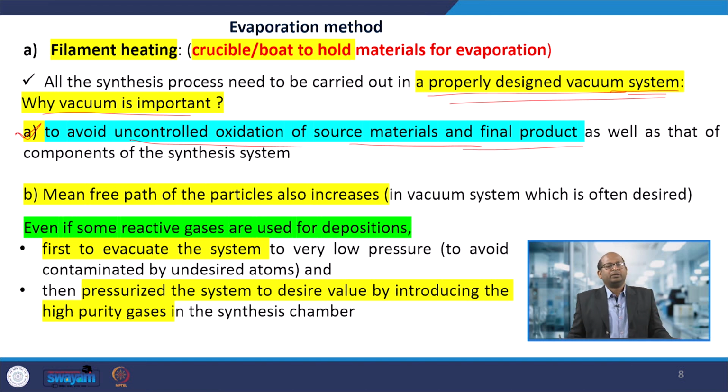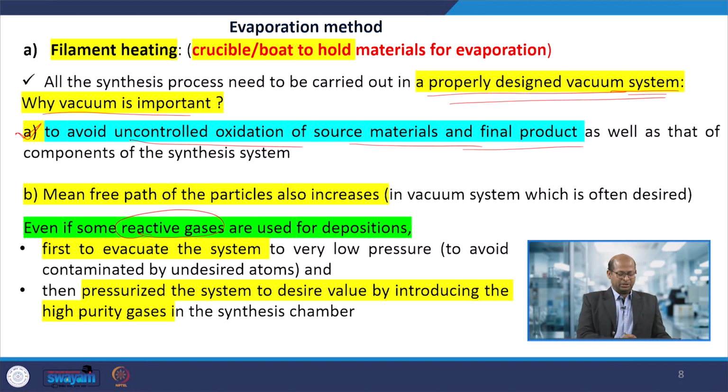Also, some reactive gases we can use, depending upon our method or target materials that we want to get. So some reactive gases, as in our previous slides I have shown, H2S was used as a reactive gas with zinc metal. If we don't use H2S, the reactive gas, then only the zinc metal can be evaporated out, and that particular metal will be deposited over the target substrate where you want to deposit.